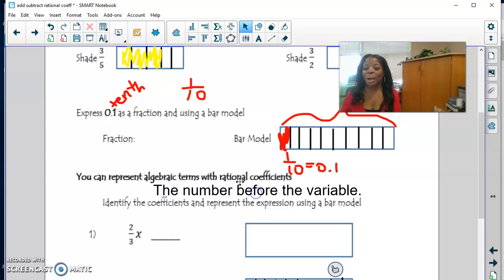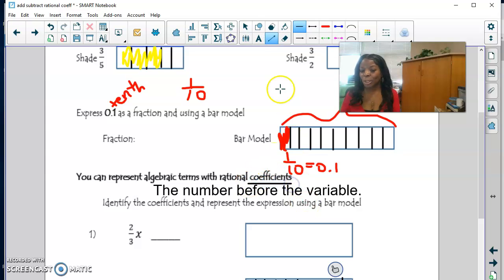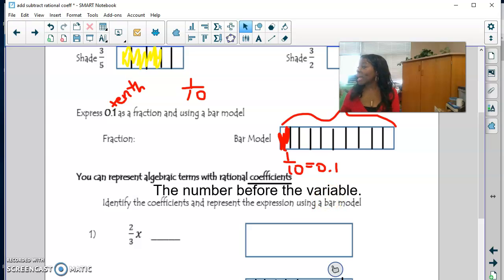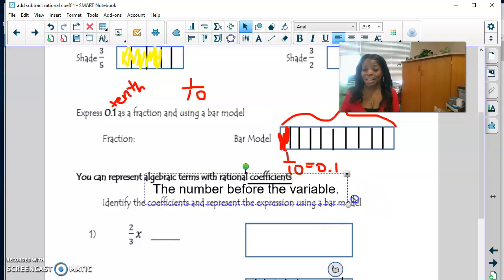Okay, so now we're going to write the definition. Let's underline the word coefficient. Coefficient is the number before the variable. That's all it is, the number before the variable. And we know a variable is what? A letter. Nice job. And we are going to use our math words to show just how intelligent we are.